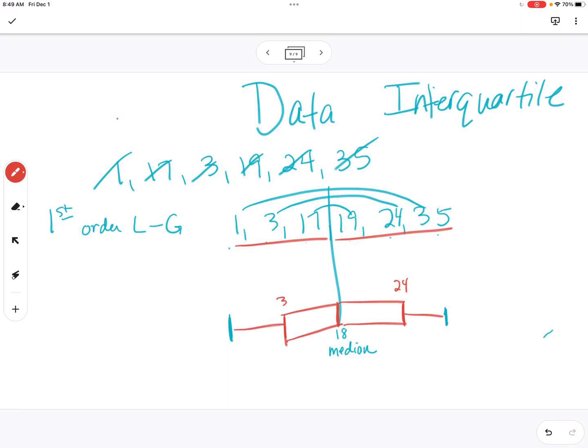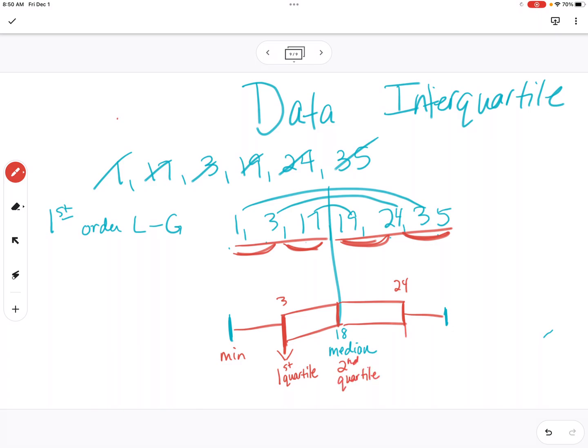So it looks like this. This is my minimum. This is the end of the first quartile, and quartile just means that I've put it into quarters, like 1, 2, 3, 4 groups. This is my median, which is also my second quartile.